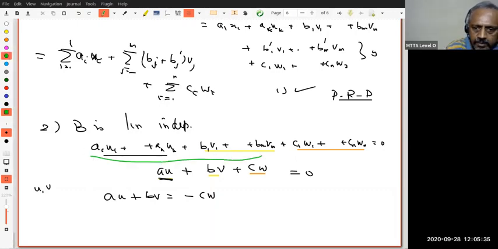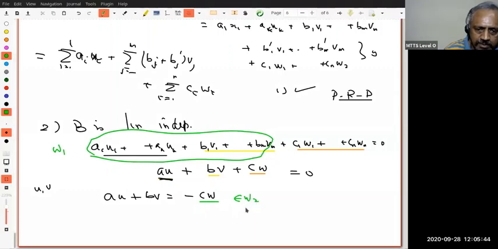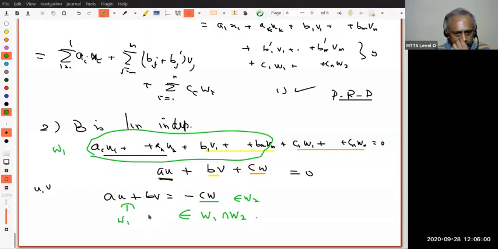Where is this sum? This sum is in W1. And where is minus CW? This is in W2. Therefore, this is a common element. Do you accept it? This is in W1, this is in W2. That means this element is in W1 as well as in W2. Therefore, it is in W1 intersection W2.